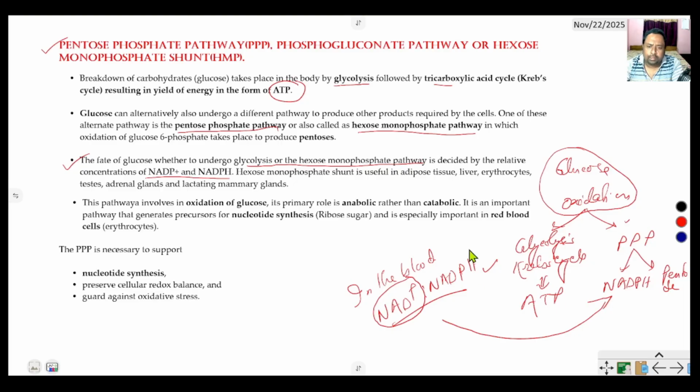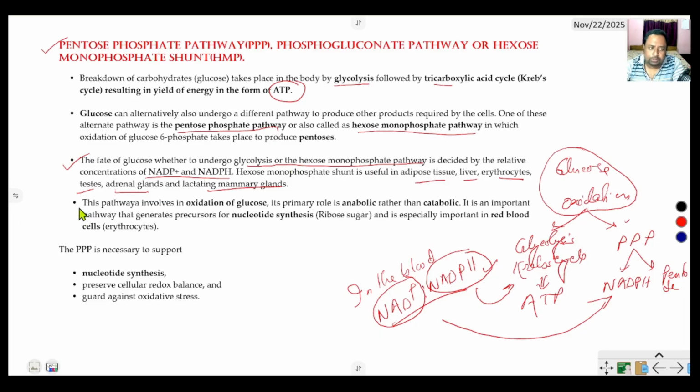When the NADH concentration is high, then glycolysis or the Krebs cycle occurs. This pathway occurs in adipose tissue, that is fat tissue, liver, erythrocytes, testes, adrenal glands, and lactating mammary glands. In these places, this pathway occurs.